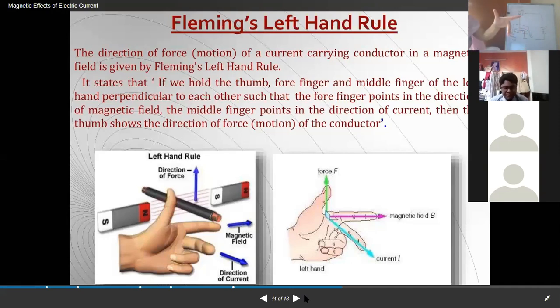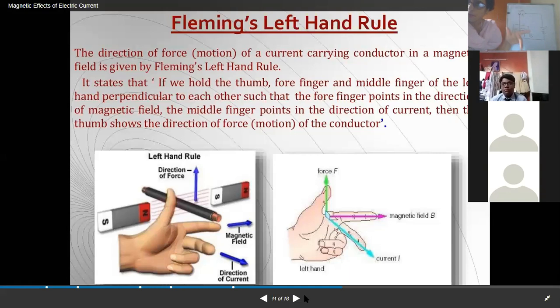So this will help us to know the direction in which the force has been applied, so that the motion of the conductor can be found out, that is, outside the trough, in which direction the conductor will move, right? So we use Fleming's left-hand rule for that.